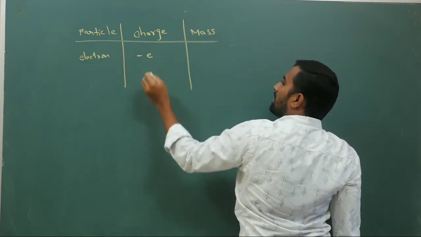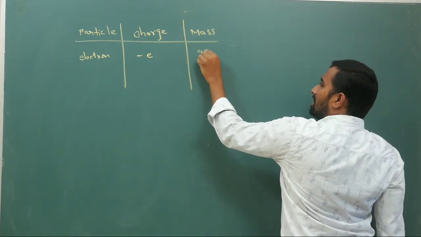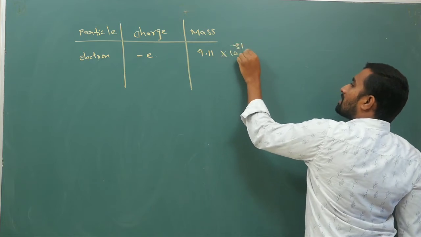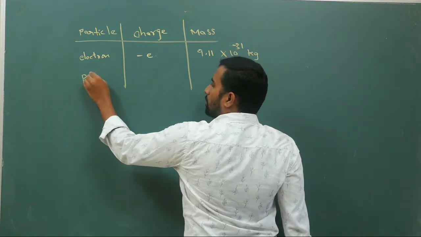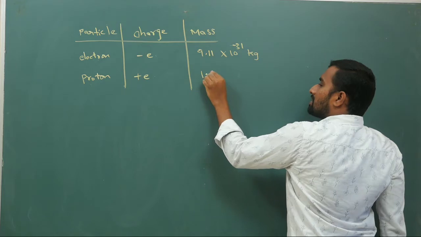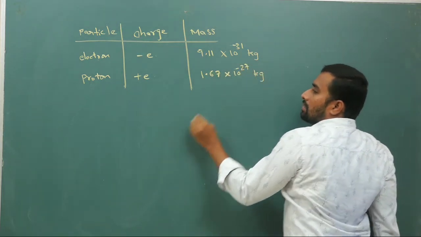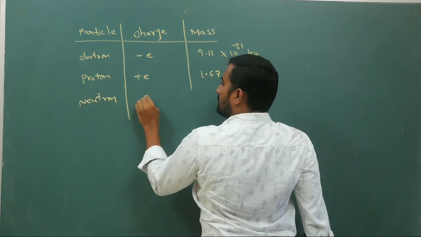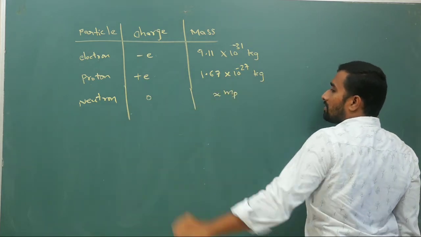Its charge is minus e, that is 1.6 into 10 power minus 19, and mass is 9.11 into 10 power minus 31 kg. Coming to proton, the charge is plus e and its mass is 1.67 into 10 power minus 27 kg. For neutron, the charge is 0 and mass is almost close to mass of proton.